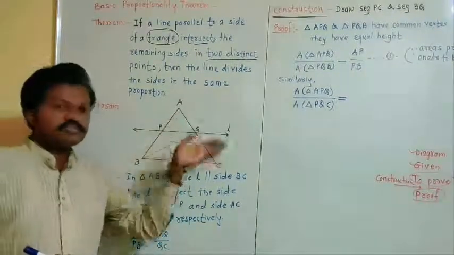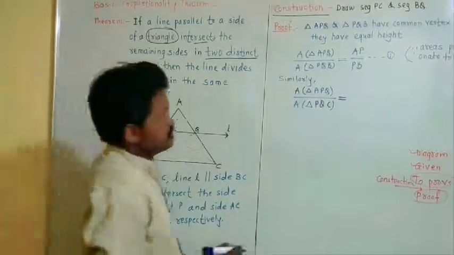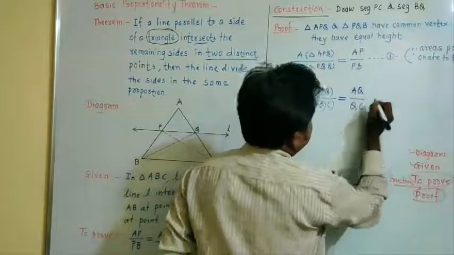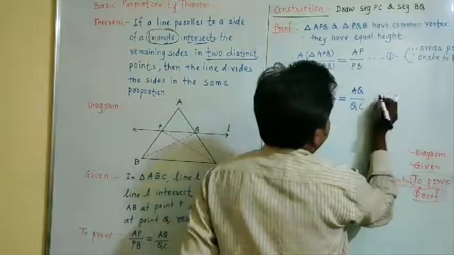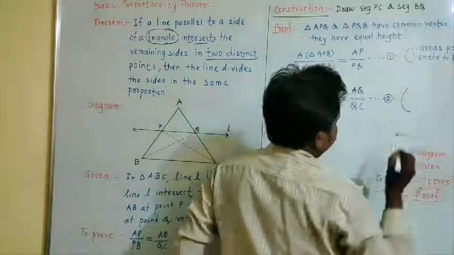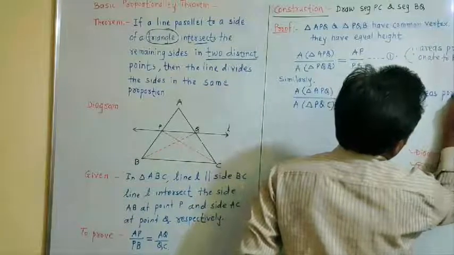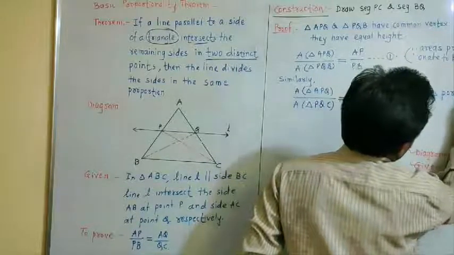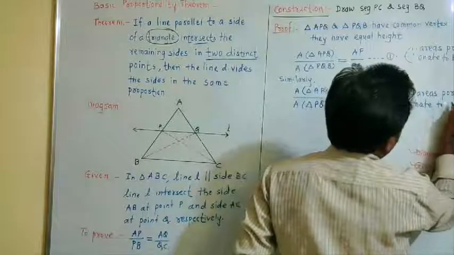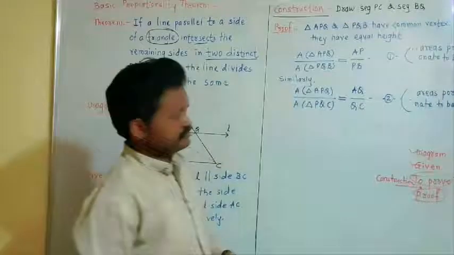So area is proportional to bases because height is equal. So I write AQ upon QC. That is our second statement, and the same reason as above: areas are proportional to base.